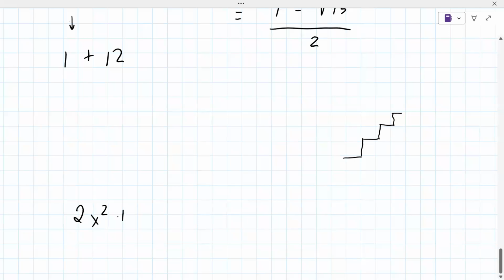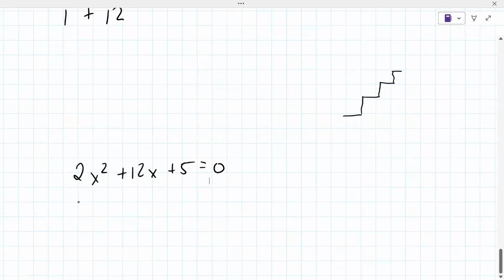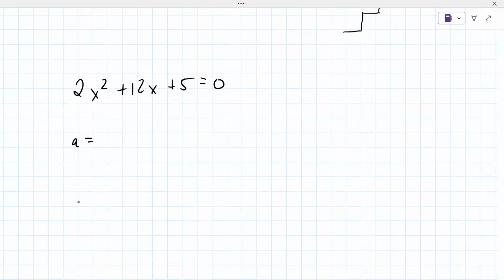2x squared plus 12x plus 5 equals 0. Can you give me the values of A, B, and C in this problem? A is 2, B is 12, and C is 5. All right.